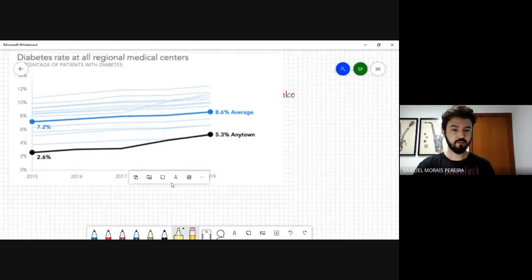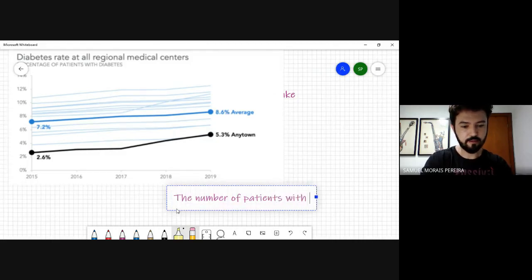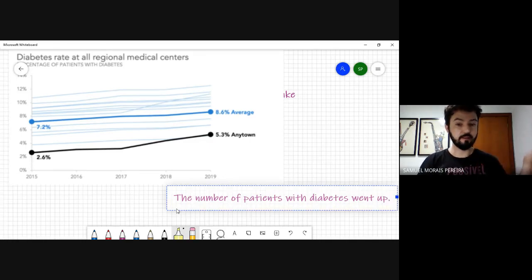Ó, eu já vou direto para aquilo que eu poderia falar. The number of patients with diabetes in this period considered here aumentou, ó, aumentou. Eu poderia falar went up, eu poderia falar increased, okay?